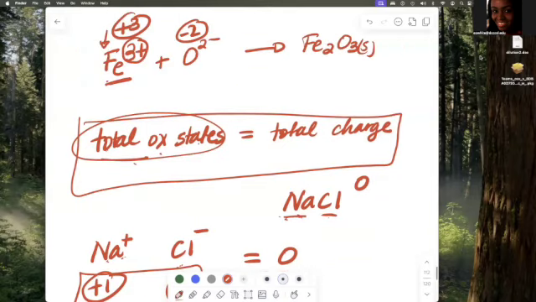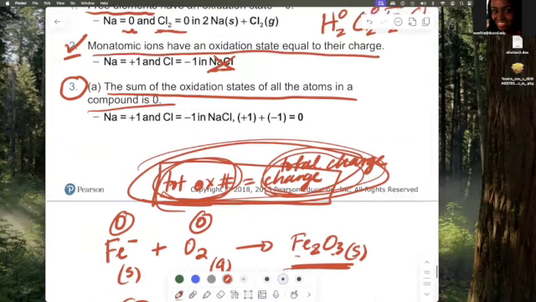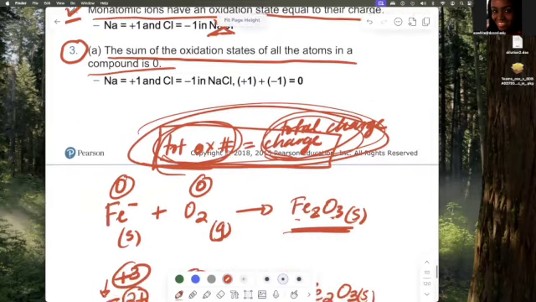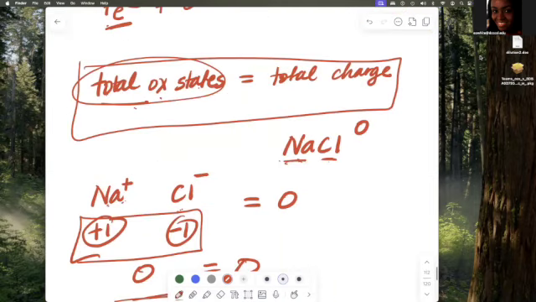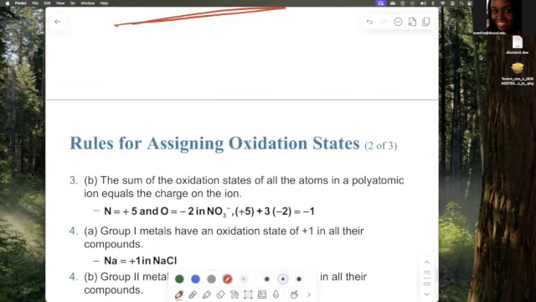Okay, what if your formula has a charge? So rule number 3B, that was 3A, right? What if the chemical formula has a charge?